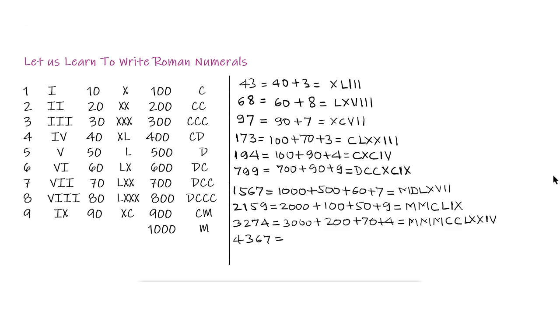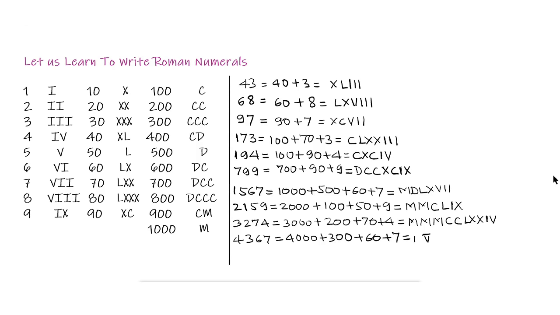4367. This is equal to 4000 plus 300 plus 60 plus 7. 4000 is written as, we write 5000 as V with a bar, and M is written prior to it.